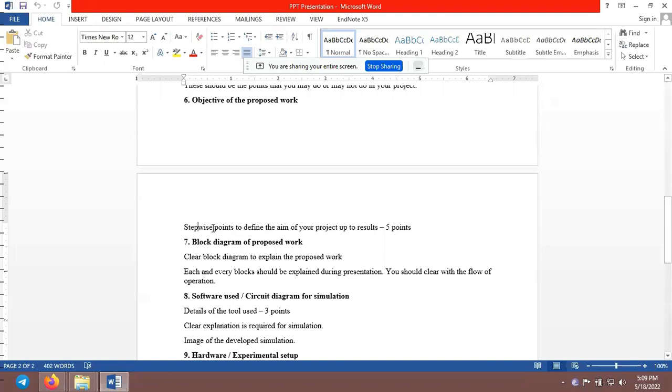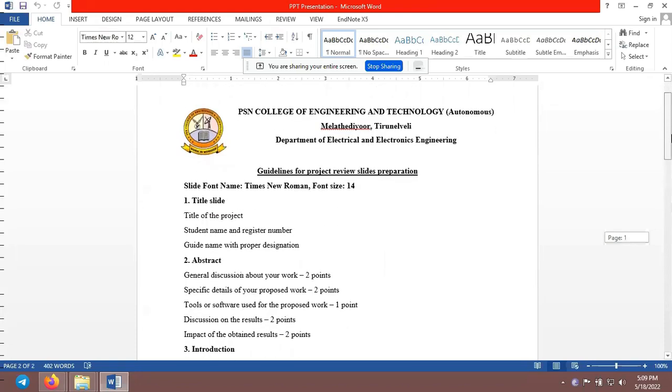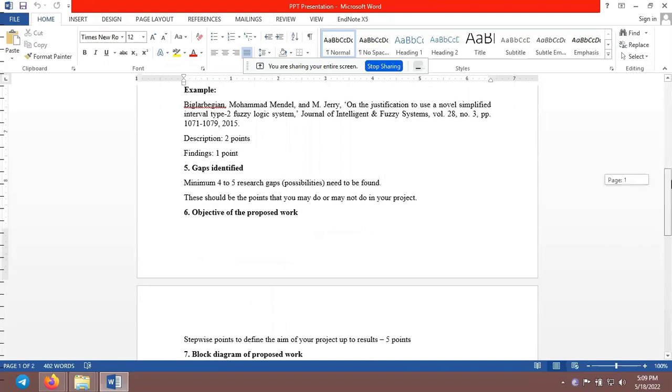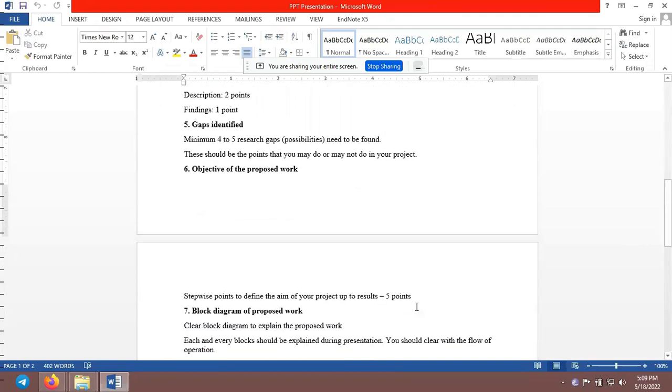This is almost similar to the abstract of the work, but the abstract is a general discussion about general points. In the objective of the proposed work, you should concentrate on the particular problem you have chosen. You should not go wide; you should go deep in that particular problem.